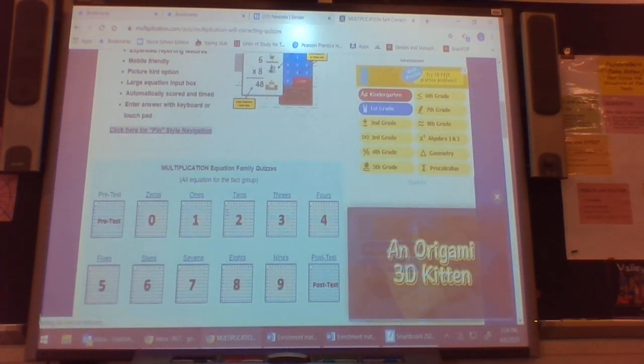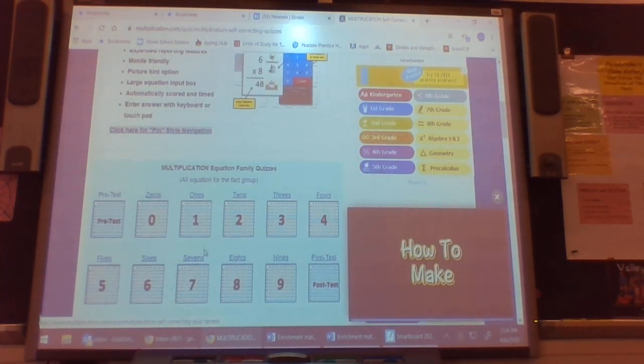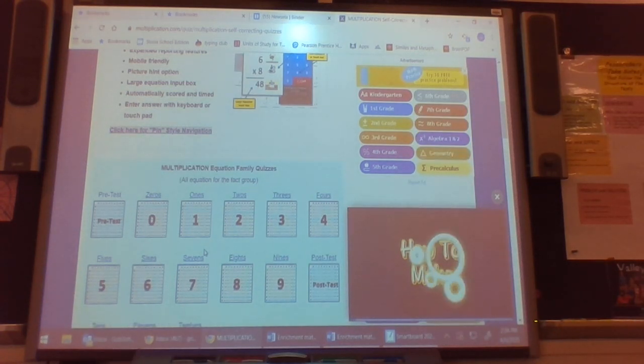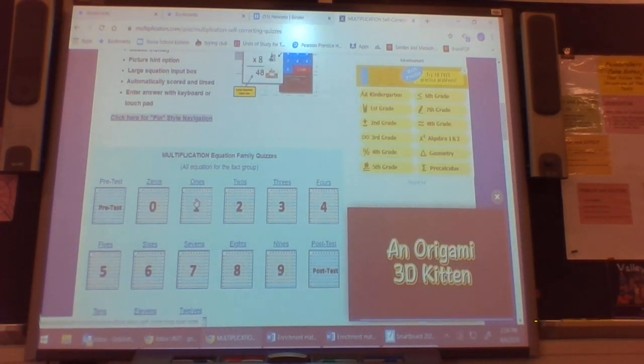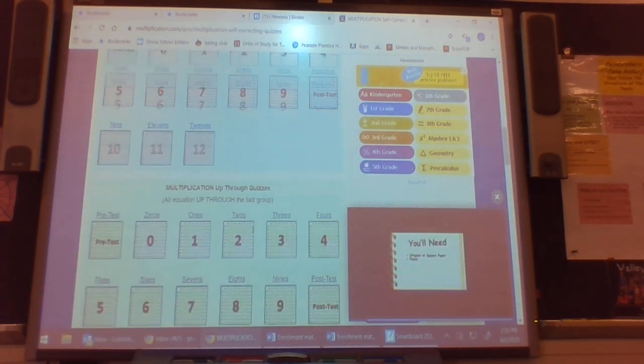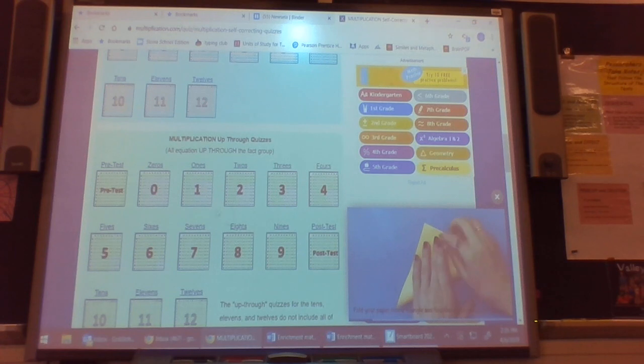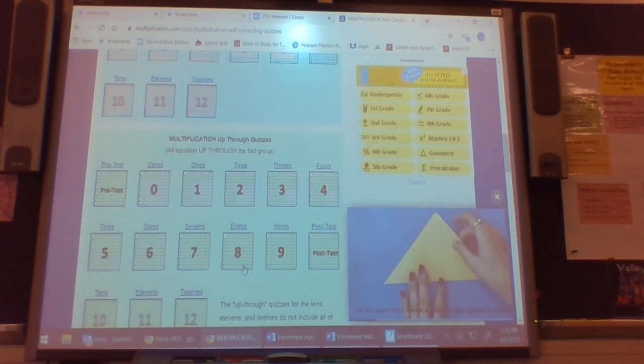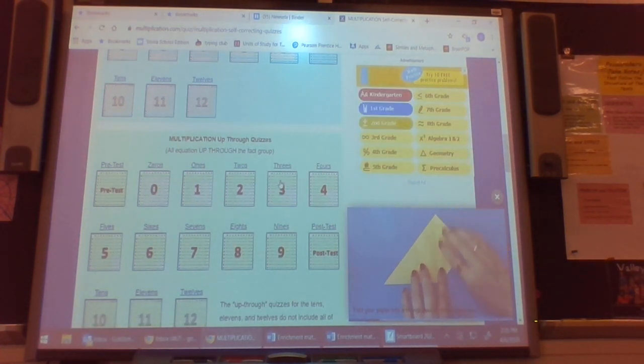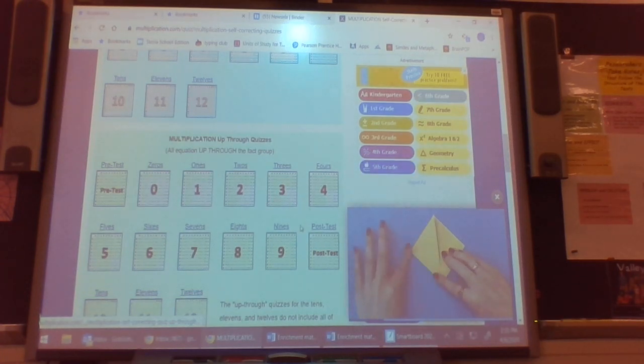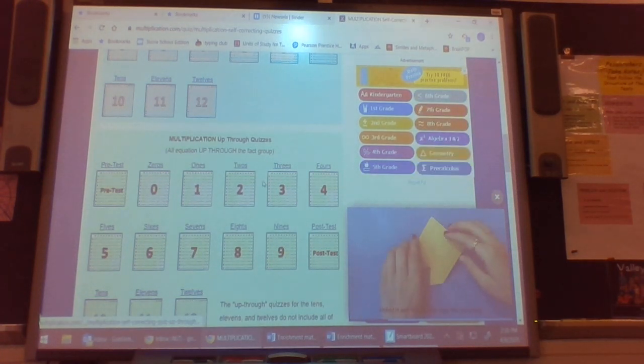And then instead of doing the blue set of quizzes, these are just only ones, only twos, only threes, we want you to go down to the green ones. And you can pick which you would like to work through here. We recommend that you try to do 3 through 9. I know you all are awesome at 1 and 2.